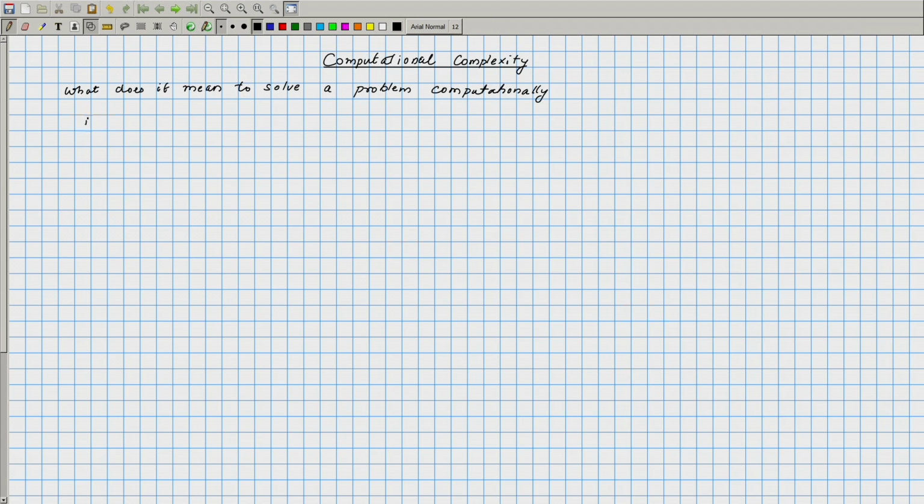The first requirement is we should have a program which runs in a certain number of steps. So, have an algorithm which takes no more than, let us say, some t steps.